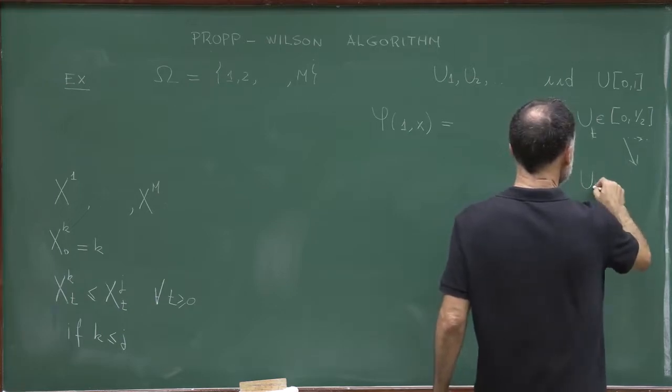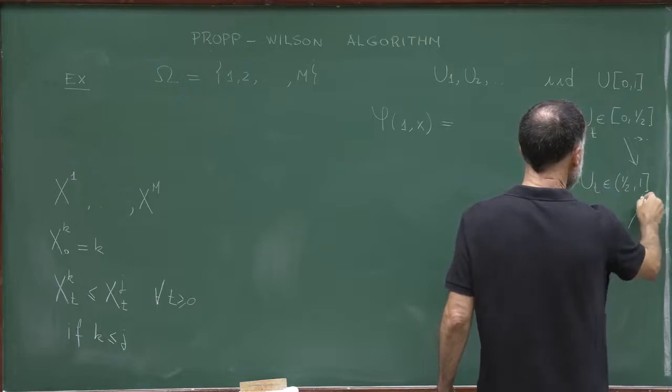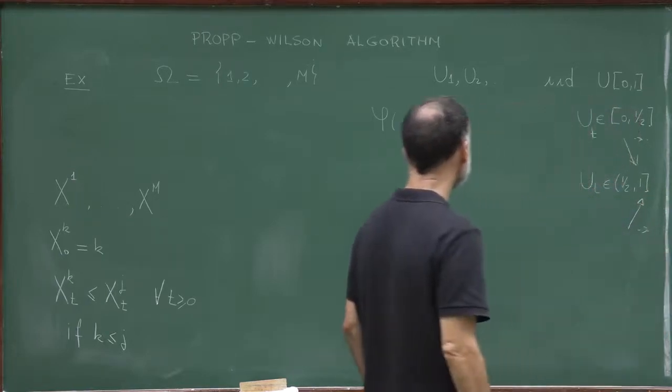While if u belongs to 1/2, 1, then the Markov chain will try to increase, or if this is not possible, to keep its value.